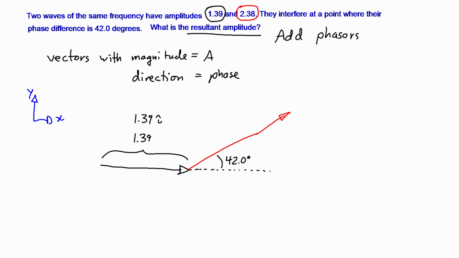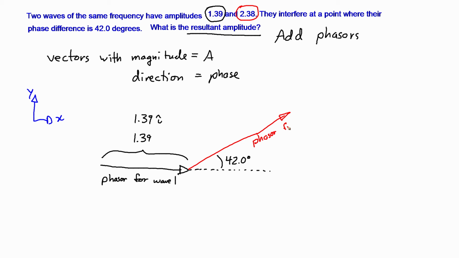So then I'm going to go back. What I'm doing really is adding up the phasor for wave 1, which is down here in black, to the phasor for wave 2. I'm going to want some space there, so I'll draw this over here.